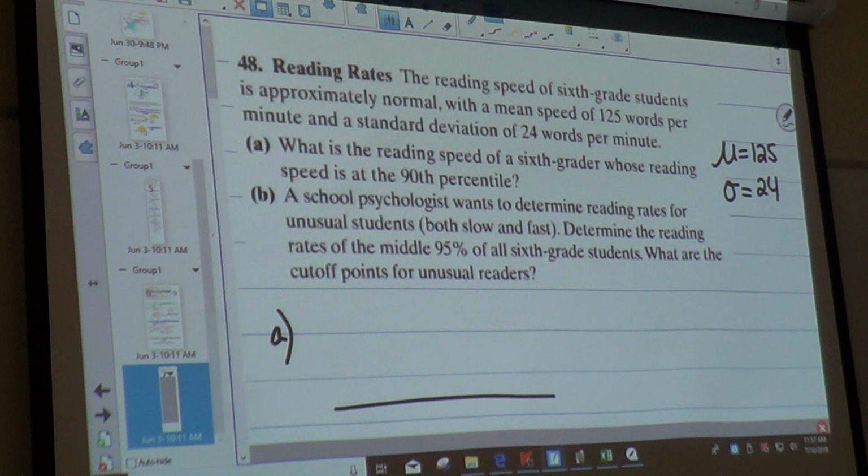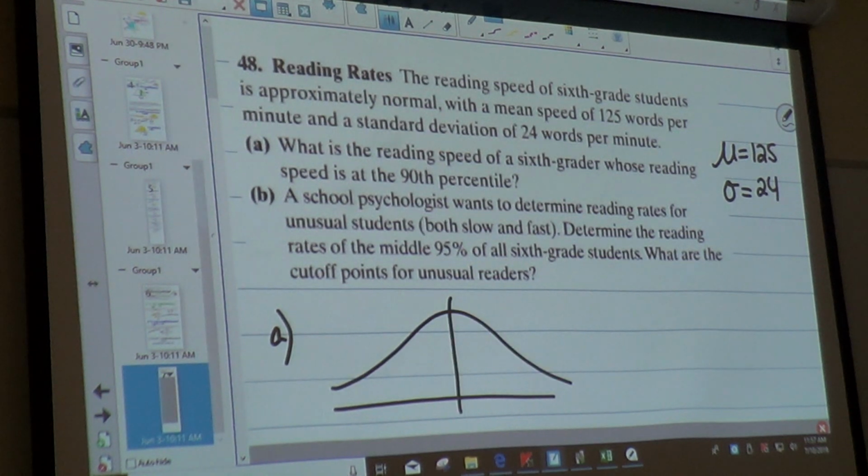So, we have a normal distribution with a mean of 125 and a standard deviation of 24. He is at a 90th percentile, so what is that telling me? That's telling me the shade to the left.